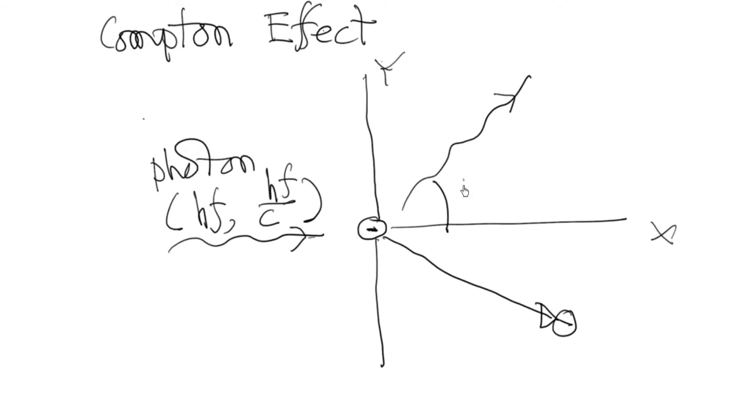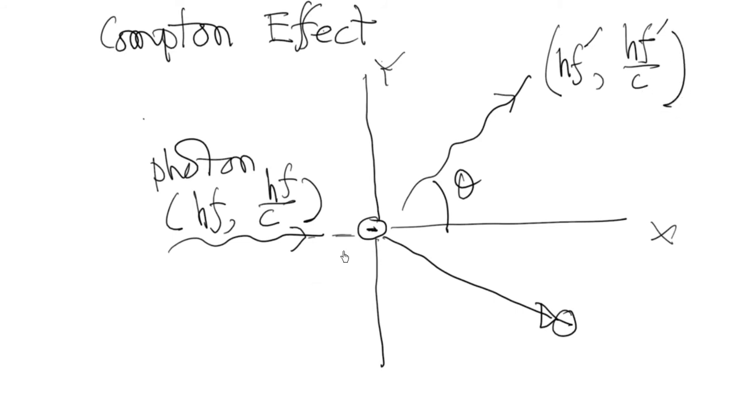Let us suppose that theta is the angle between the scattered photon and the original direction of movement of the photon. The scattered photon has energy hf prime, with new frequency f prime, and the linear momentum is hf prime by c.